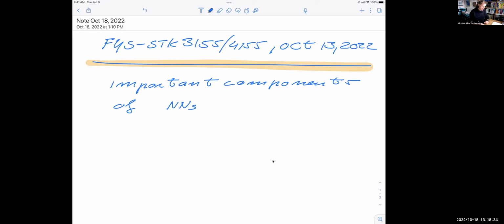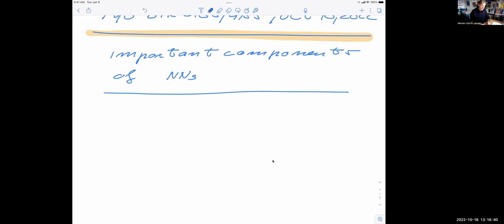So one of the things which we need to set up, when we are looking at the important components, is the architecture itself. And this is something which we sometimes will refer to as the model, but let's just call it the architecture. So this is an important element or model.